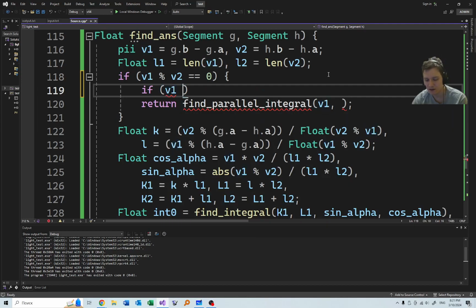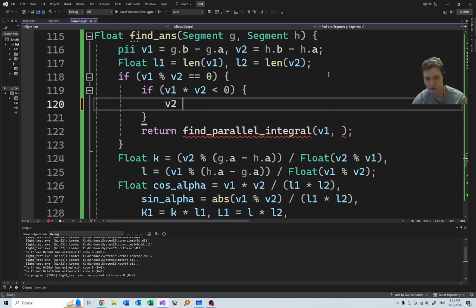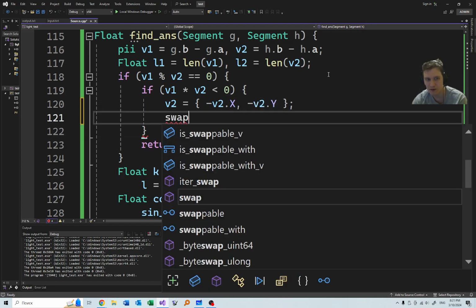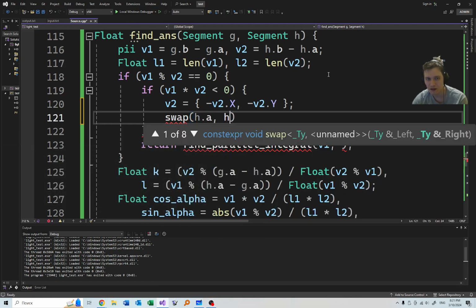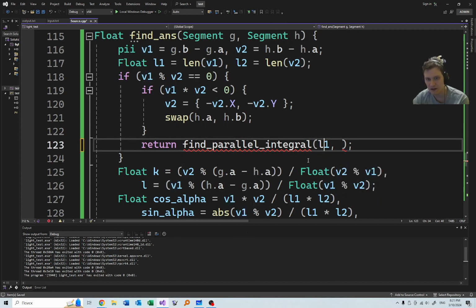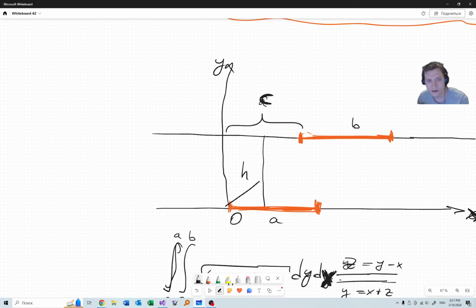Okay, if v1 times v2 is less than 0, let's swap v2. So v2 equals minus v2, swap h dot a and h dot b. Okay, after that, find parallel integral a, b. Okay, then c. What is c? C is this time this unit vector.